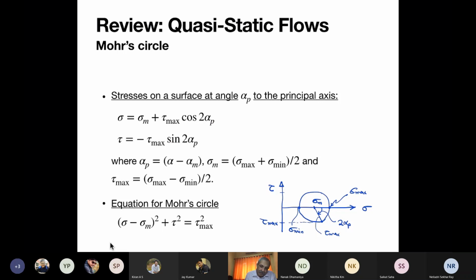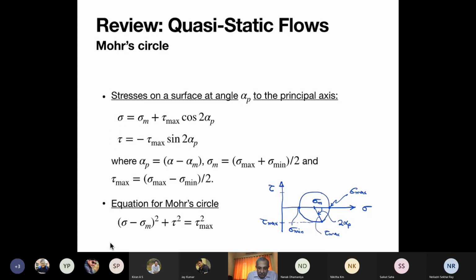So obviously when alpha p is equal to 0, you have sigma m plus tau max. Sigma m is the mean value of the stress, tau max is the difference divided by 2. So if you add those two up, you see that it is just sigma is equal to sigma max. So when alpha p is equal to 0, sigma is equal to sigma max. That's expected because alpha p is the angle from the principal axis.